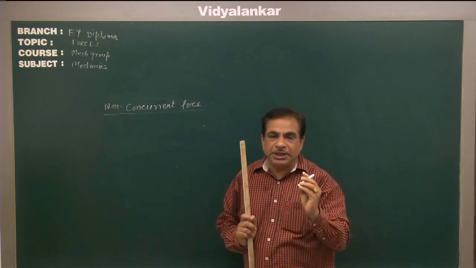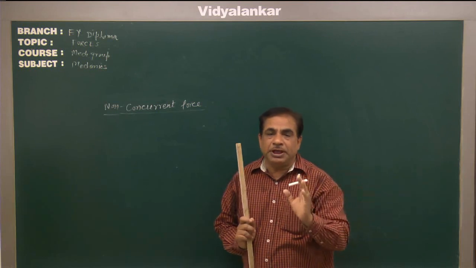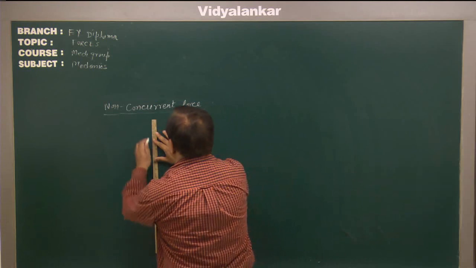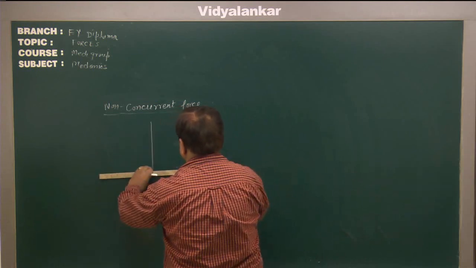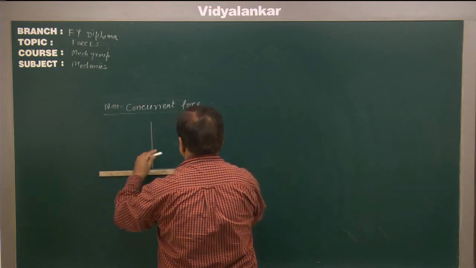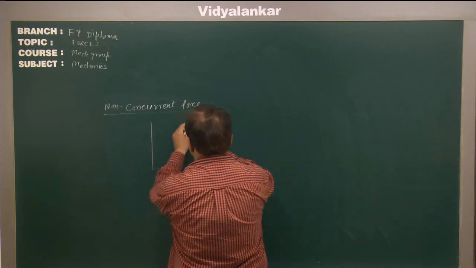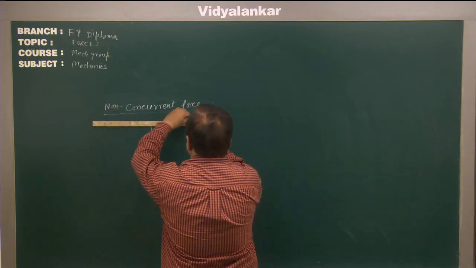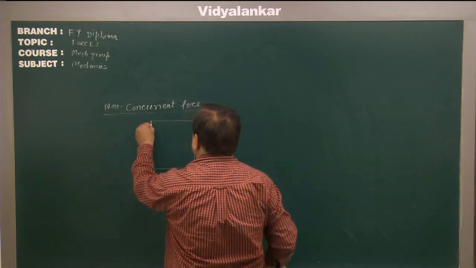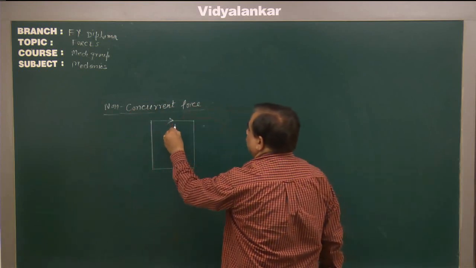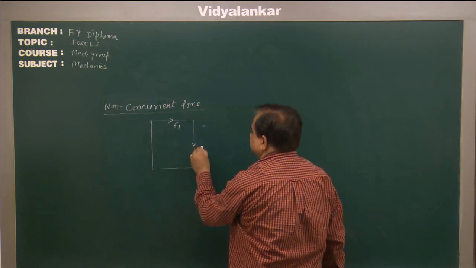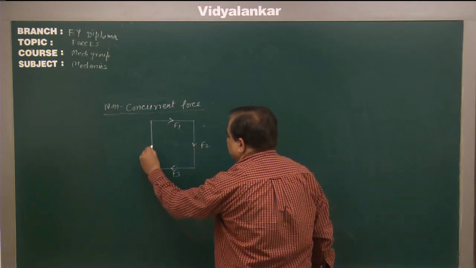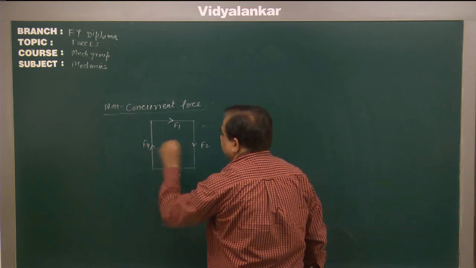If the forces are acting along any geometrical figure, such as a square or rectangle, they are known as non-concurrent forces, because all these forces are not passing through one point.